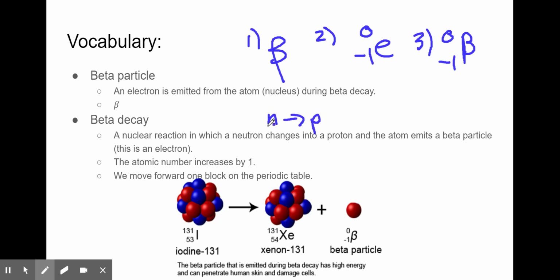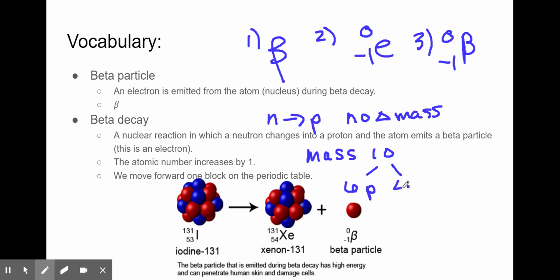So think about this. If the neutron changes into a proton, is there a change in the mass? No change in the mass, right? Why is that? Neutrons and protons add together to become the atomic mass. That's like saying I have something with a mass of 10, and let's say I have 6 protons and 4 neutrons.